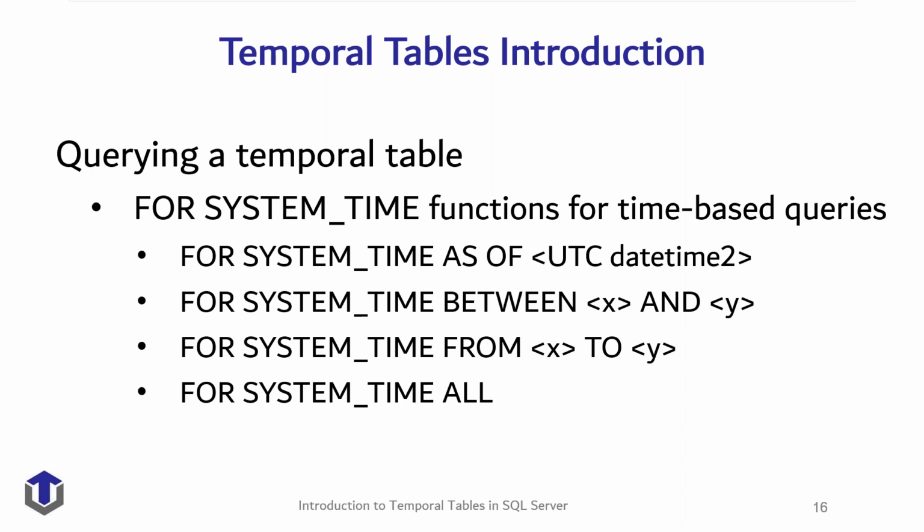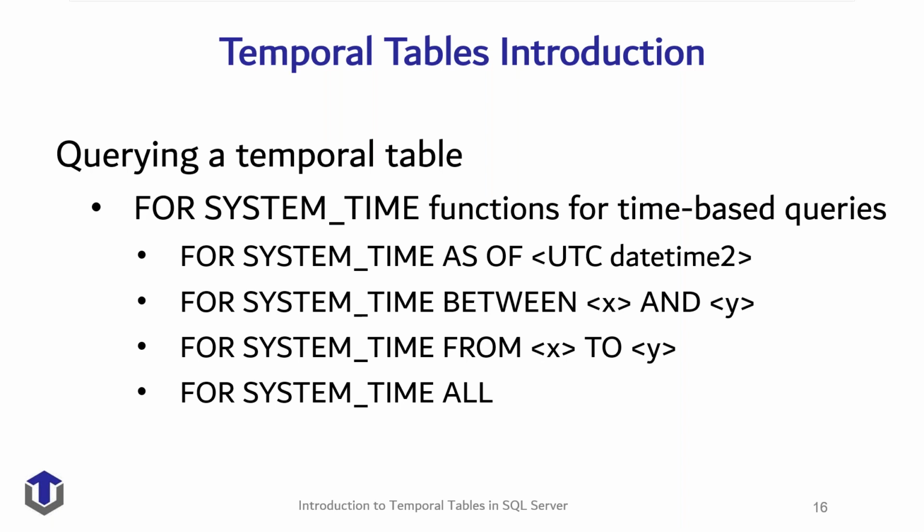FOR SYSTEM_TIME BETWEEN X AND Y. If you want to see what the data looked like between two dates, again, a much less common need, you can specify two datetime2 values, again in UTC, and it's going to give you everything between those two date periods. And then below that, FROM works very similar.